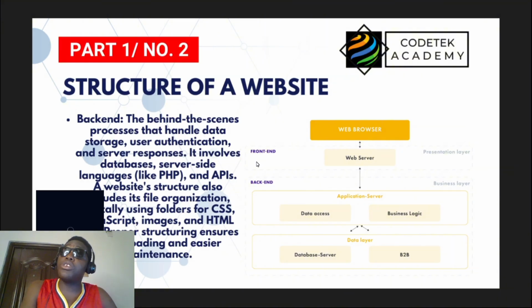So, a nice structuring of your website helps in SEO, search engine optimization.